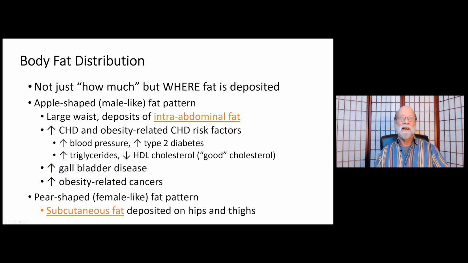We also need to be concerned about where fat is deposited, and particularly this distinction between an apple-shaped fat pattern, where the fat is within our bellies or within the liver specifically, or this pear-shaped pattern of fat distribution, where there's a lot of subcutaneous fat that is mostly on the hips and thighs. The apple shape is far worse and far more likely to be associated with fatty liver disease.